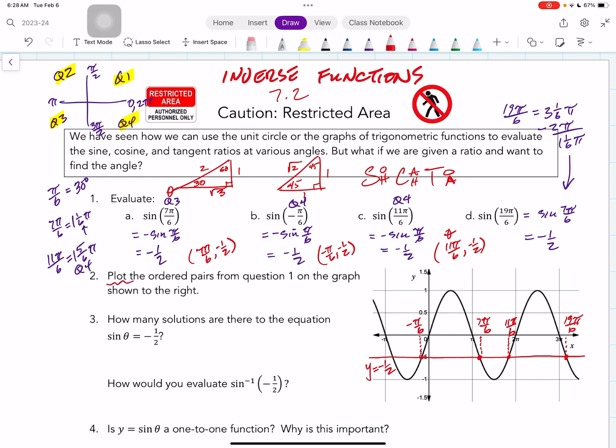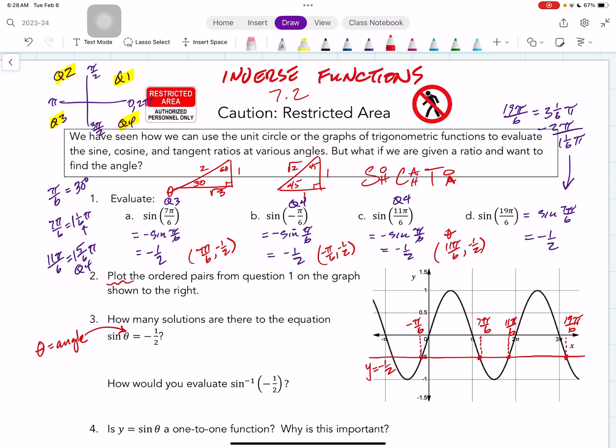Number 3, how many solutions are there to the equation? The sine of what angle gives you negative 1/2? Remember, theta is an angle.